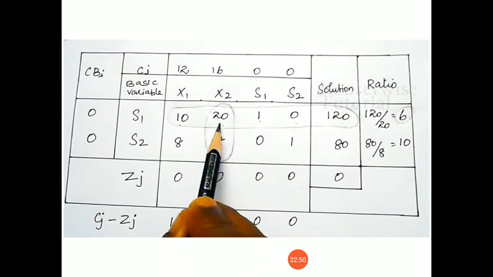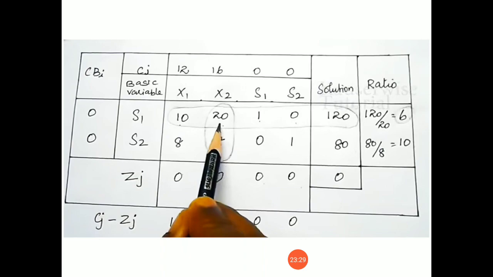One more thing I want to say is that the key column, that is 28, is written below the x2 variable. Whichever is the key column, the corresponding variable is called the entering variable, and whichever is the key row, the corresponding variable is called the leaving variable.